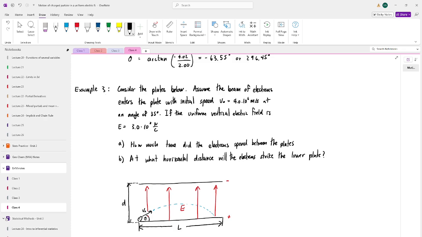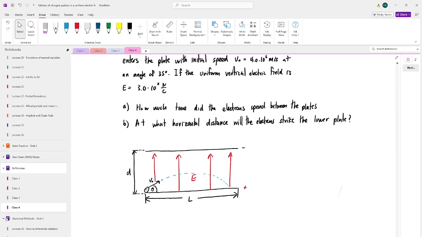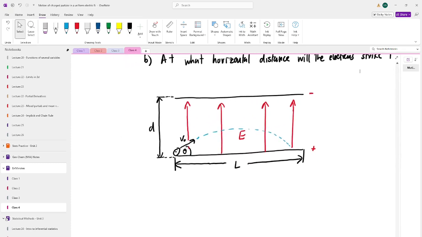It starts at one end of the plate, at a given speed and angle, and we know the electric field. The motion ends once it strikes the lower plate, which is what they're telling us in the second question, so we can use that. So its motion ends after it strikes the second plate.